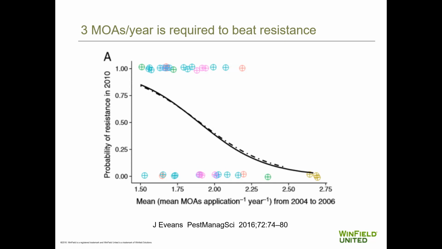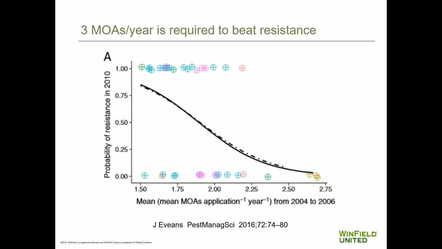Well, the answer is it's very, very, very low, right? So the more modes of action that we can put out there, and by the way, it's effective modes of action, and that's part of the problem. If we've already lost control and we already have resistance built up, so for example, if glyphosate is not killing the water hemp anymore, we can't count that as an effective mode of action.